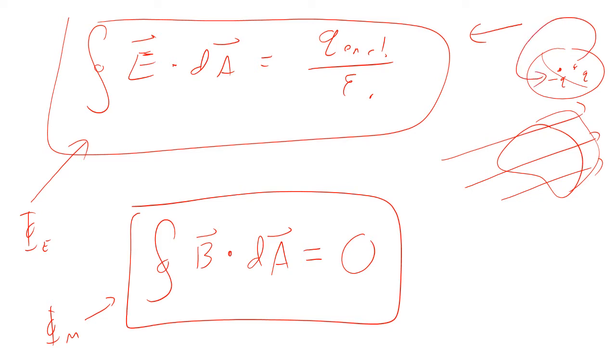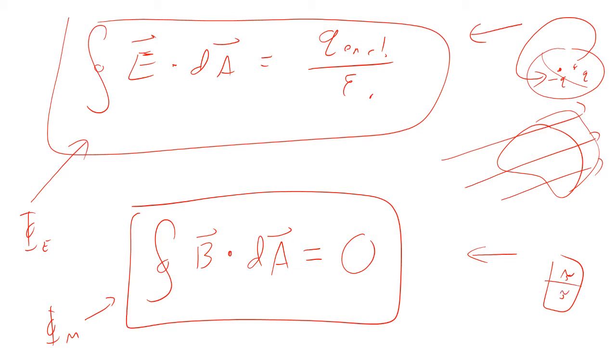What Gauss's law for magnetic fields is telling us is that there are in fact no magnetic monopoles. There's not a magnetic north pole and a separate magnetic south pole; you always find the two together. You take a magnet with a north and south pole and break it in half, and now you have two small magnets with north and south poles.